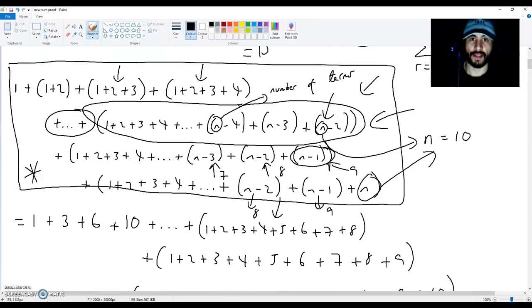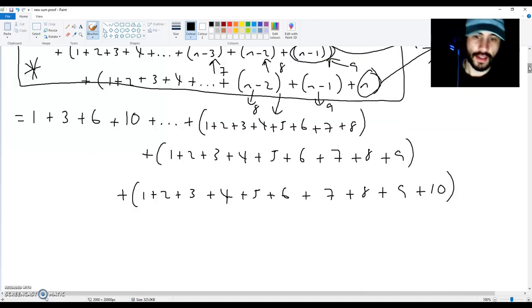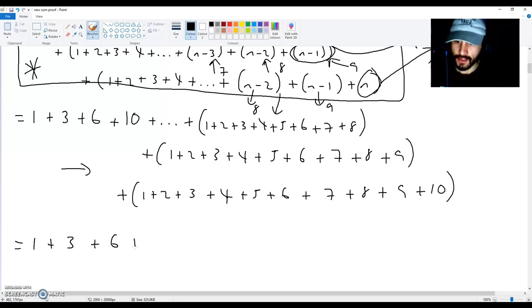Okay, so we had a look at this description over here and we changed n into 10, and what we ended up getting is this over here. We've simplified some parts of it, but let's simplify the rest. So we get 1 plus 3 plus 6 plus 10 plus dot dot dot plus.